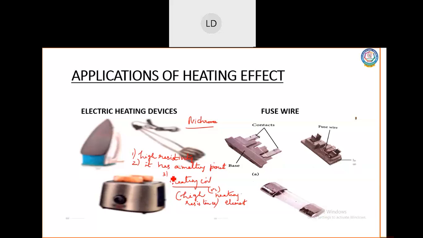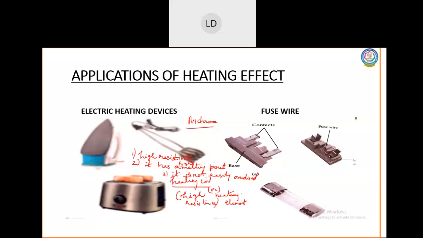Third, it is not easily oxidized. So these are the 3 points why we choose nichrome wire. All these 3 points are very important, children. They are discussed in your textbook, so I want you to go through that. It may come as a 2-mark question.